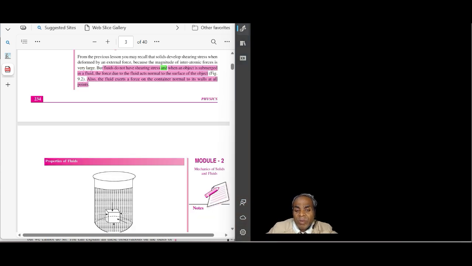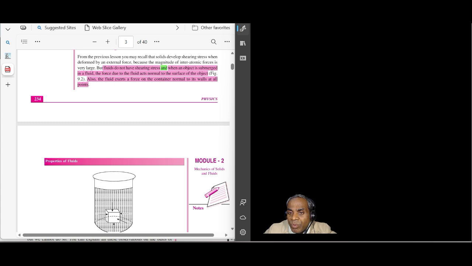Now, we will talk about the pressure in liquids. So here, if you read this part of the text, it's mentioned that solids develop something called shearing stress. Okay, so for now you understand this in a very simple way.